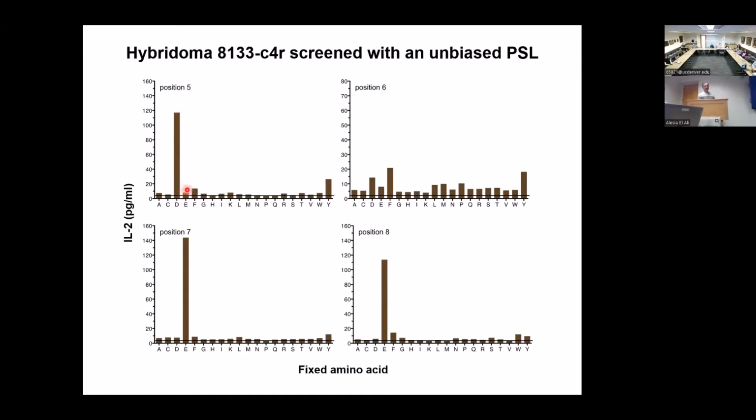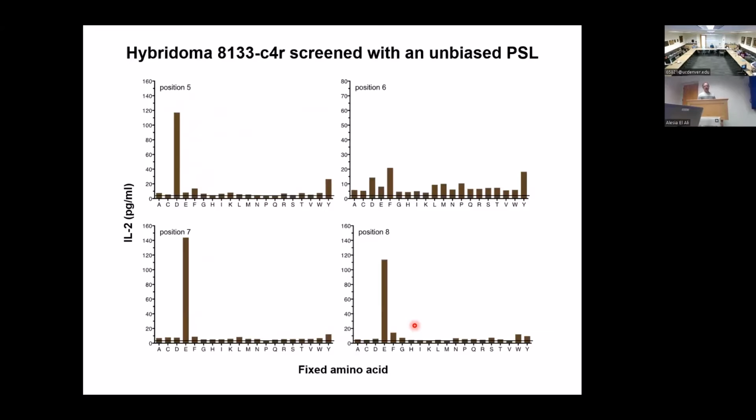So this T cell receptor appears to only want an aspartic acid at position 5. Similarly, at positions 7 and 8, glutamic acid is highly preferred. You oftentimes don't see this kind of spiky result. It's often much more muddy, and you have to work to figure it out.